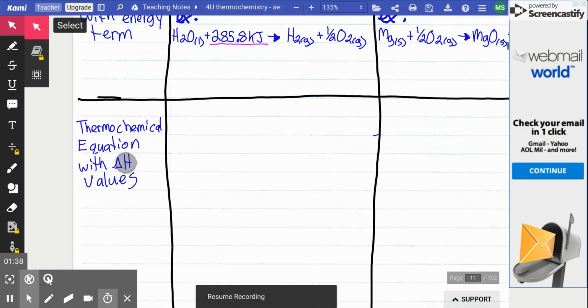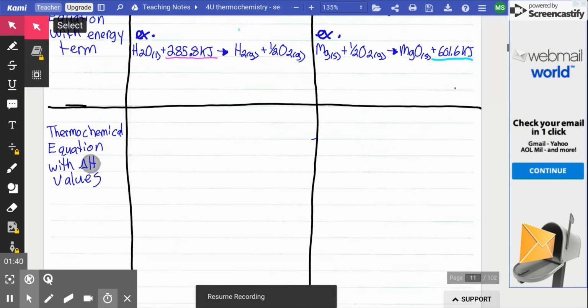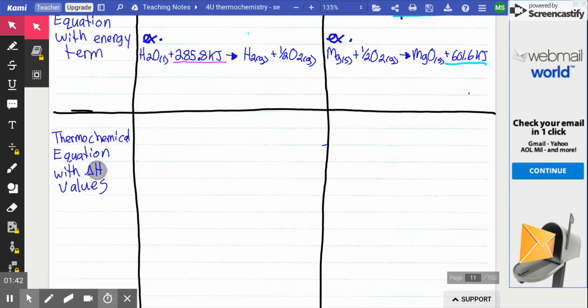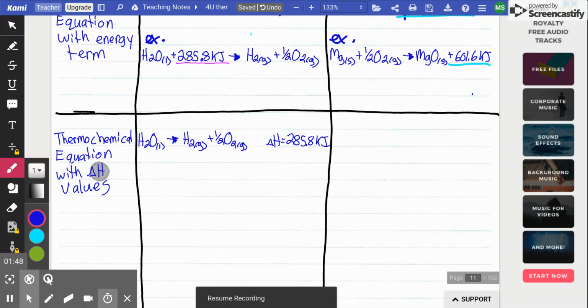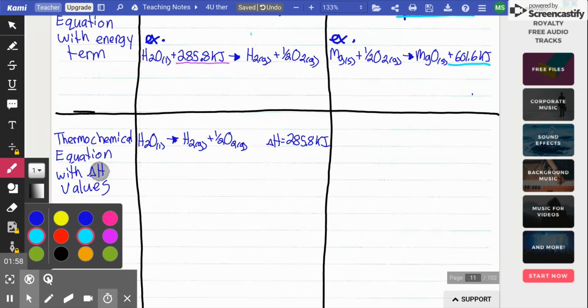The second method of representing enthalpy change is writing a thermochemical equation with a delta H value after it. For our endothermic reaction, if we look at the same reaction as above, instead of including the energy term as a reactant, we just write it after the reaction with a delta H equals right here.